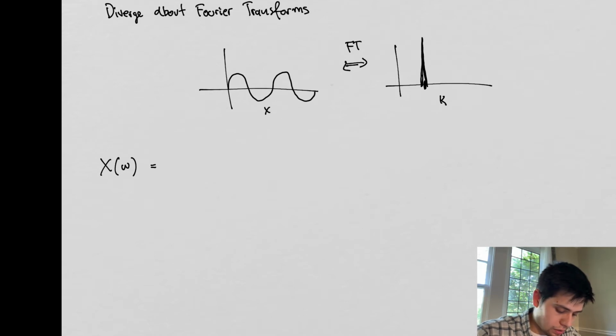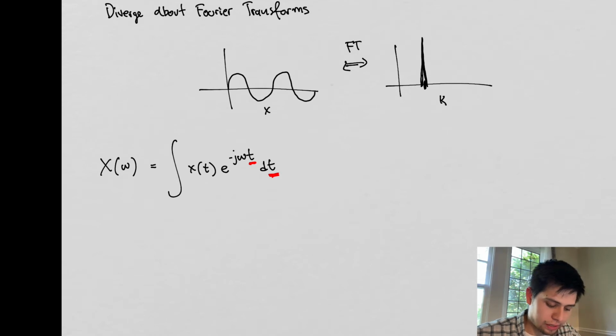We're using dummy variables here, but a Fourier transform looks like this, where our integrand is this t, and it shows up in our exponent, and whatever that's being multiplied by right here shows up right here, right?